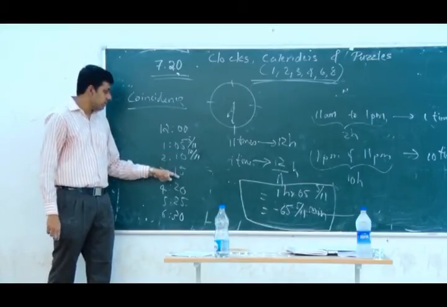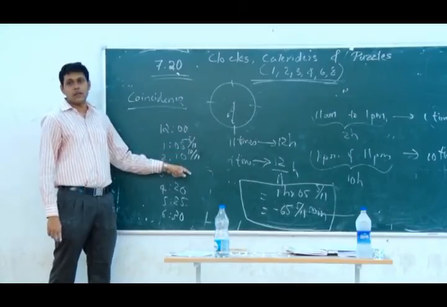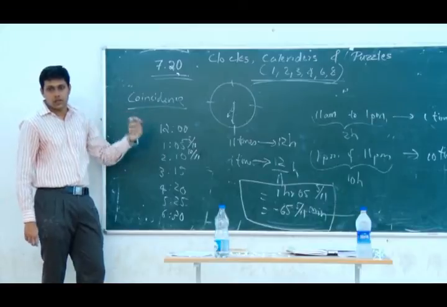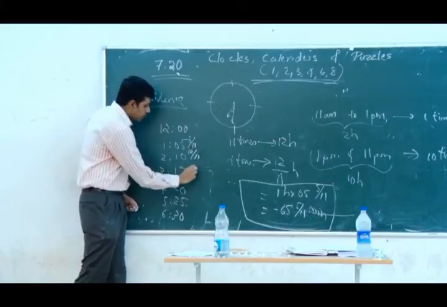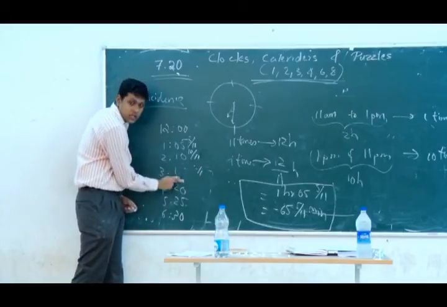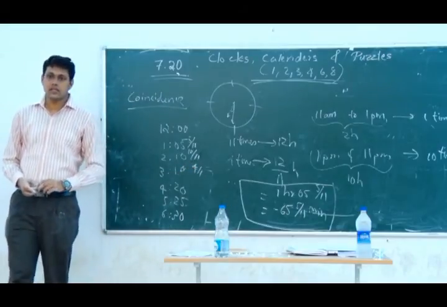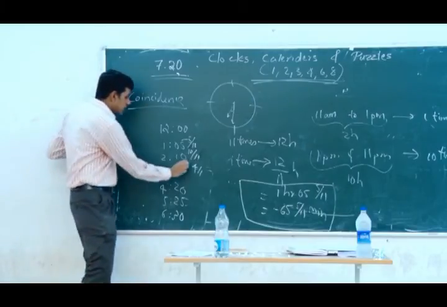3:15 and 15 by 11. 15 by 11 is an improper fraction, so we reduce it to 11 by 11 plus 4 by 11. We take plus 1 minute here, so 3:16 and 4 by 11. Here we see the difference.